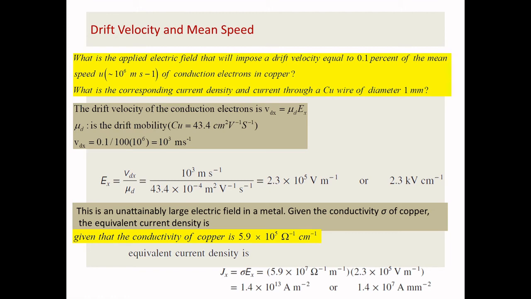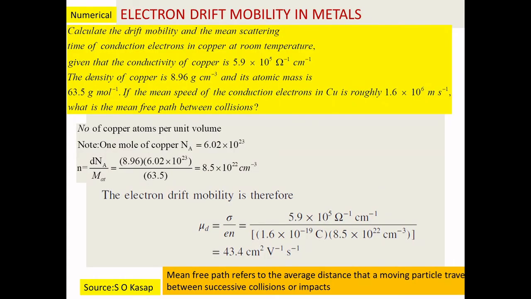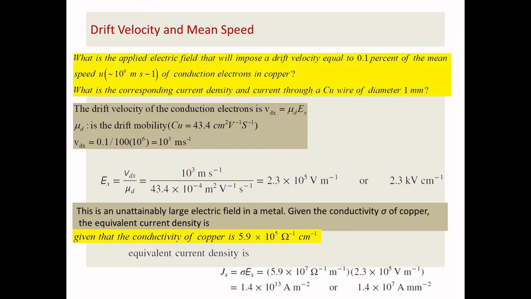What is the mu? It's the drift mobility. So we have determined in the previous problem, that is 43.4. With that we have substituted here, and the drift velocity is given equal to 0.1 percentage of the mean speed.